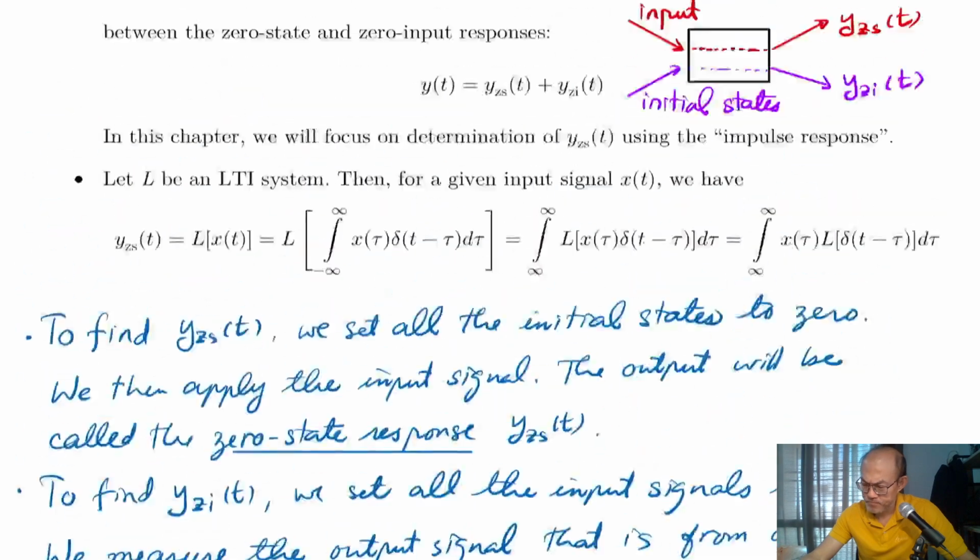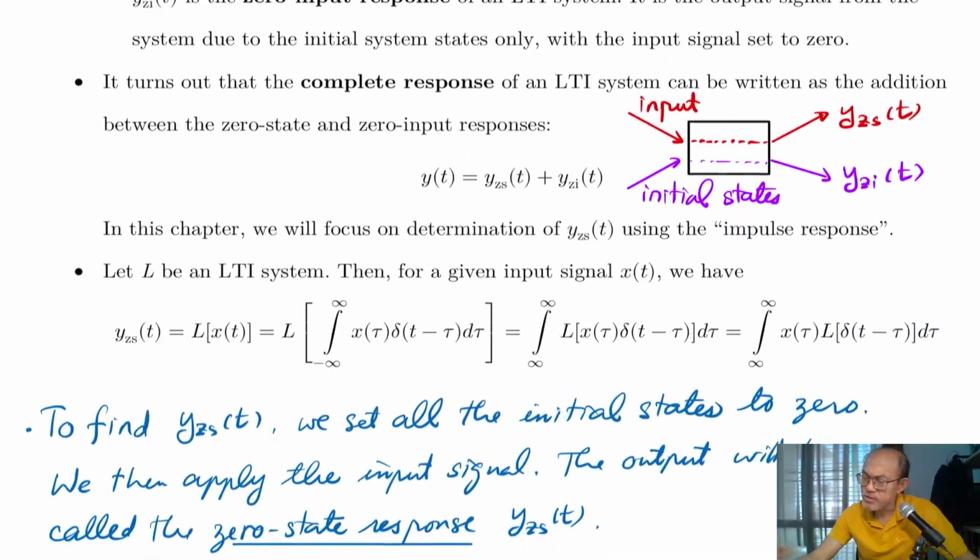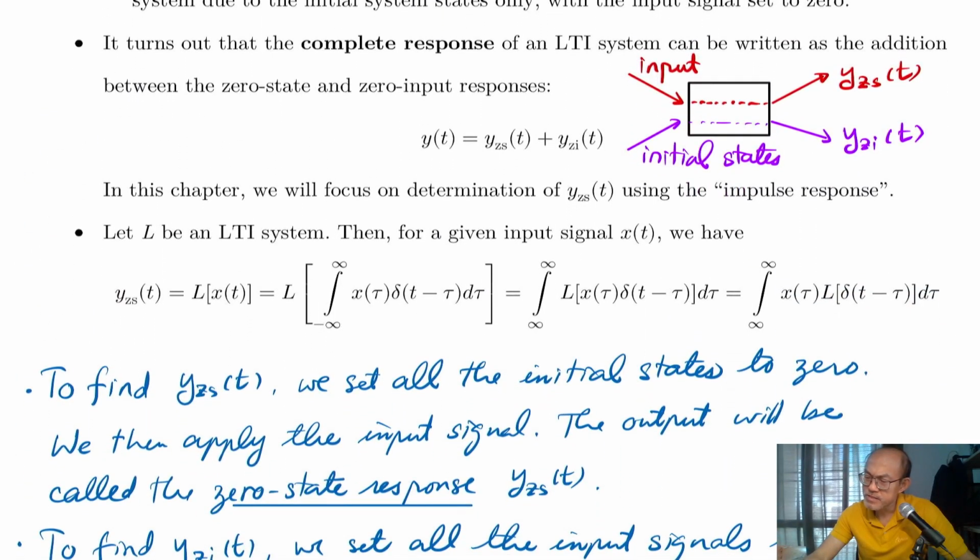Now, an interesting thing about LTI systems is that the total output from the system is a summation, the combination of the zero state and zero input responses.